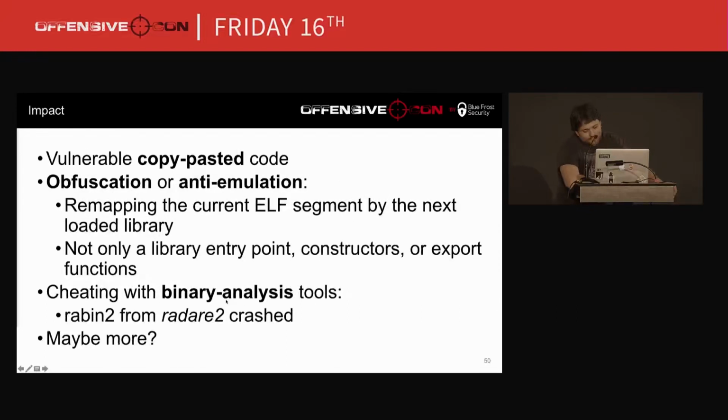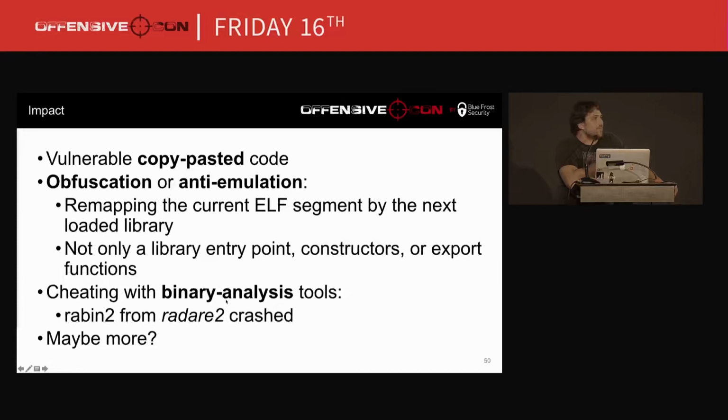Okay, what's the impact? The impact is copy-pasted code. Why copy-pasted code? Because radare, ldd, GNU libc ld.so, and the Linux kernel had the same pain. They didn't care about PT_LOAD addresses.